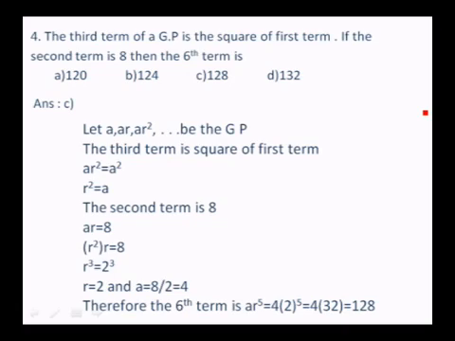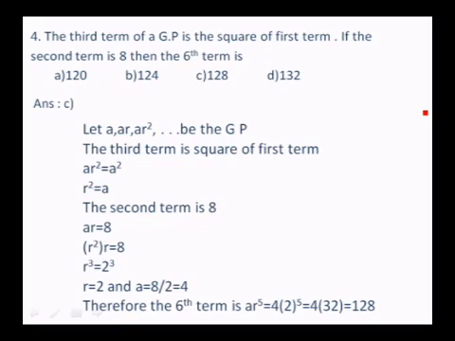The second term is 8. Therefore, ar is equal to 8. So, r square into r is equal to 8, because you know that r square is a. You can replace a by r square. R square into r is 8. That is r cube is equal to 2 cube. So, r is equal to 2 and a is equal to 8 by 2 is equal to 4. Therefore, the sixth term, ar to the power of 5, is equal to 4 into 2 to the power of 5, is equal to 4 into 32, is equal to 128. So, the option is C.